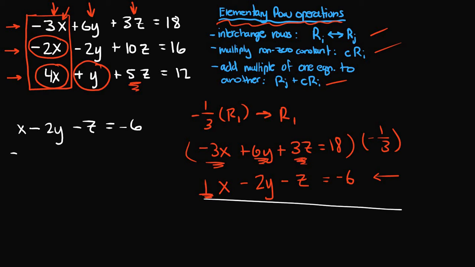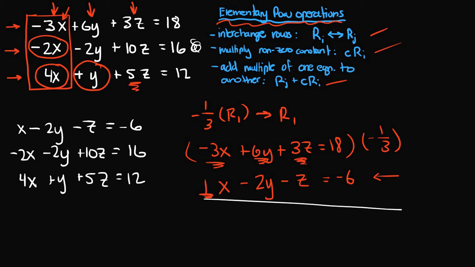And then we have negative 2x minus 2y plus 10z is equal to 16. That's just the second equation here. And then we have 4x plus y plus 5z is equal to 12. And that's just this third equation right there. So now we have our new system of linear equations, an equivalent system.